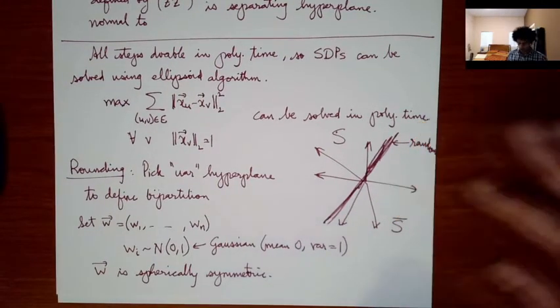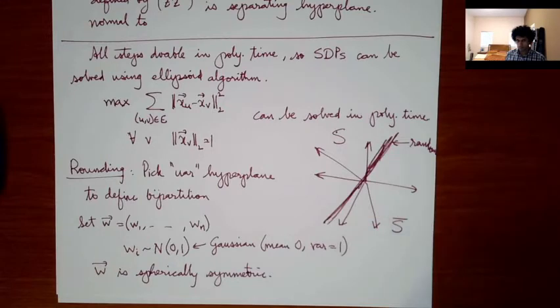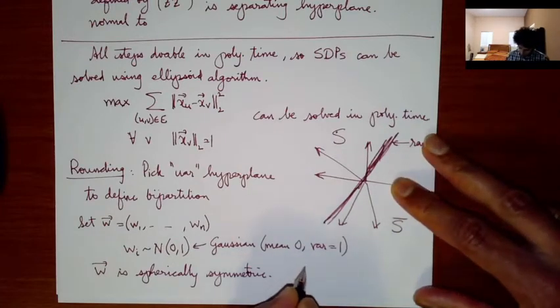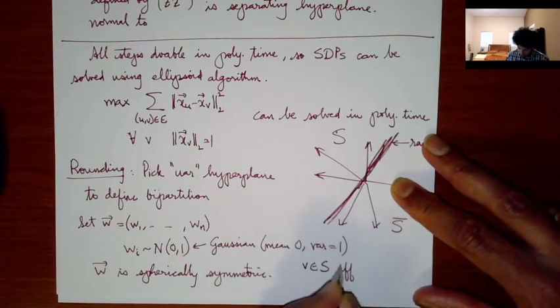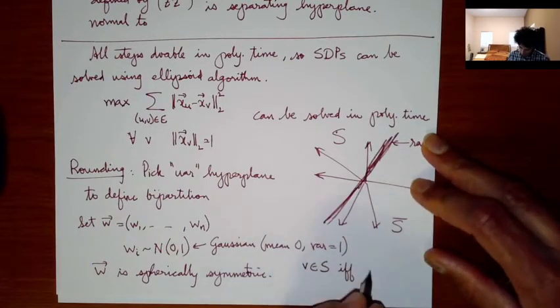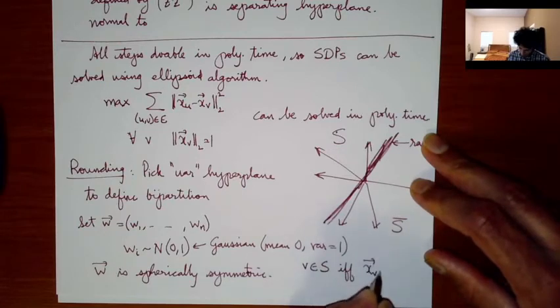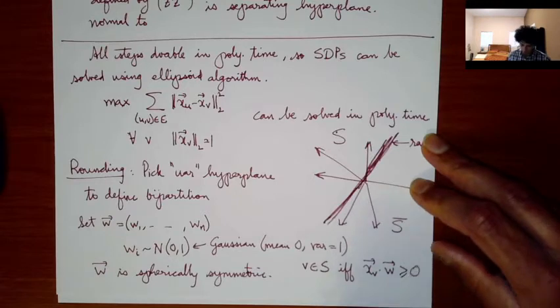Hi, Sesh. Yes. May I ask, how do you round a vector? I lost it here. I'm going to describe that right now, actually. I'll describe it formally, and then if it's still confusing, ask me. I'll say that v is in S if and only if xv dot w is greater than or equal to 0.